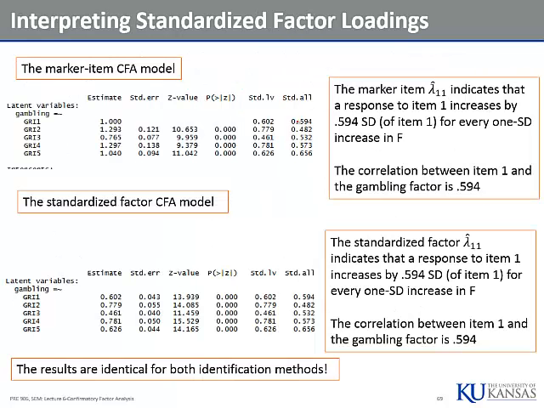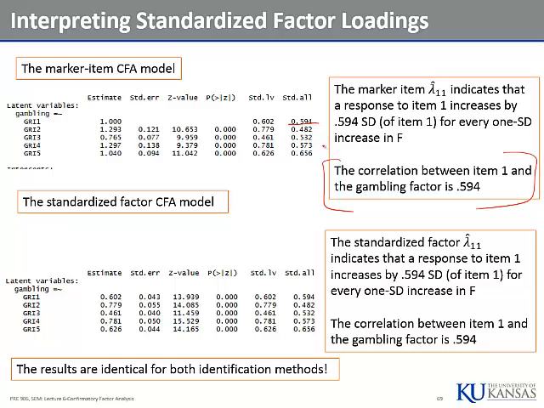Here, what we interpret std.all to be is for every 1 standard deviation more of the factor, the item response goes up, in this case, 0.594 standard deviations. The nice thing about the std.all column is it also represents the correlation between the item and the factor that you're measuring. So good items have high correlations with the factor itself.